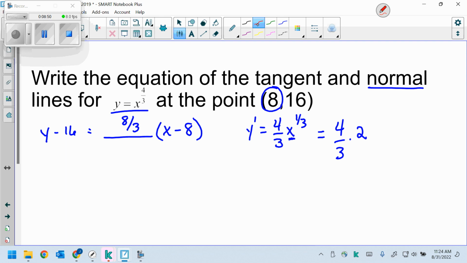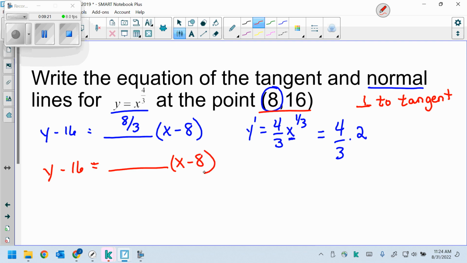Now, this normal line, keep in mind what a normal line is for those of you who remember and for those of you who don't. The normal line is perpendicular to the tangent. It's still going to go through the point (8, 16). It's still y minus 16, slope, times x minus 8. It's the same point. But now what do you know about the slopes of perpendiculars?